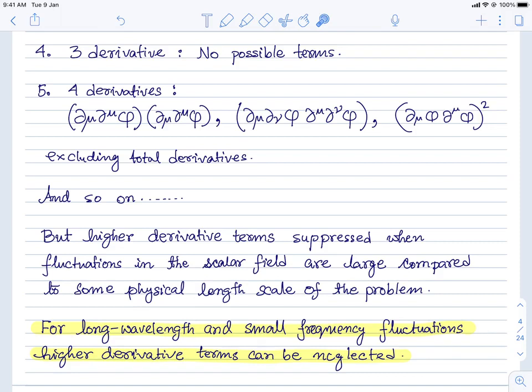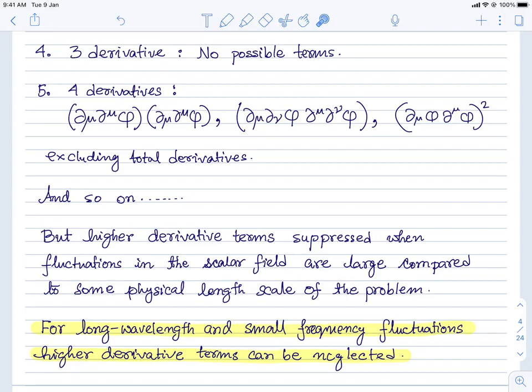You are only interested in length scales longer than that, so only waves with wavelengths longer than that length scale would be relevant, and these terms would be suppressed in terms of the ratio of the wavelength and this intrinsic length scale of the problem.